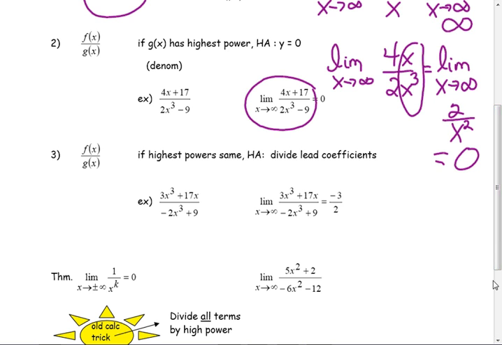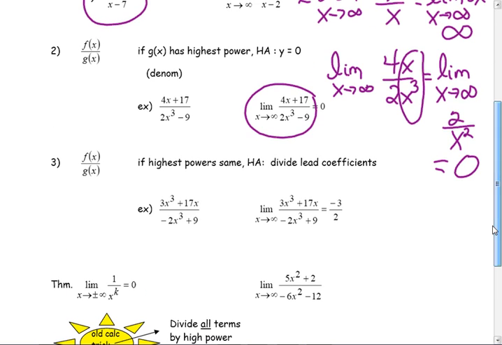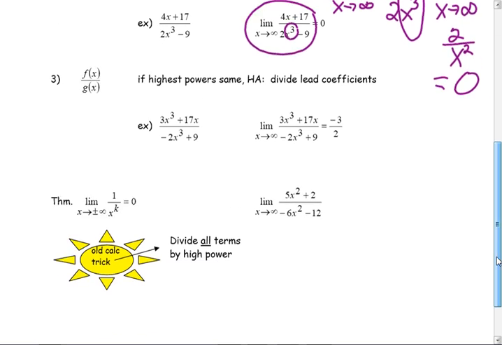It's nothing, right? Okay. So if this denominator exponent's bigger than that one, it's going to go to 0. If the exponents are the same, then all you have to do is look at the coefficients of the highest degree term. Now, I'm talking Greek to some of you. The highest degree term is this, and the coefficients are the 3 and the -2. But I'm not even going to do that.